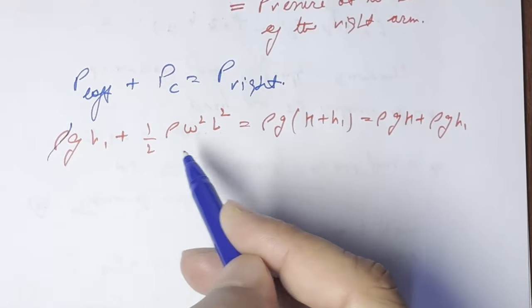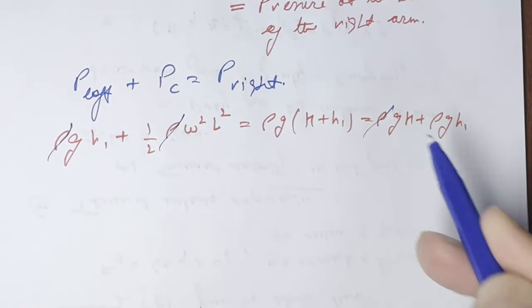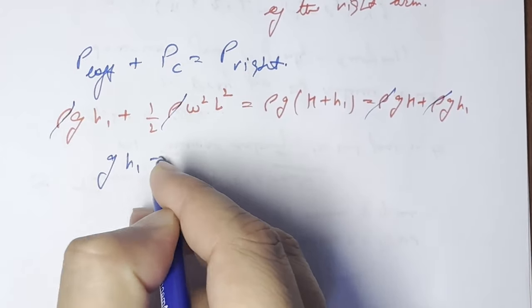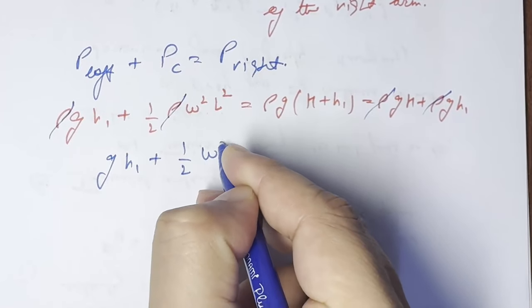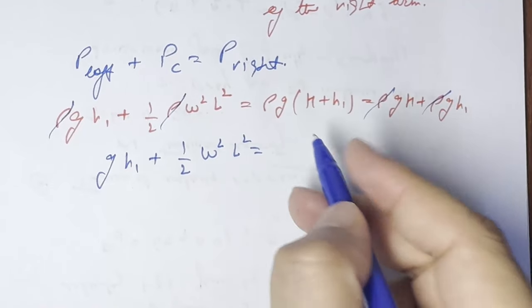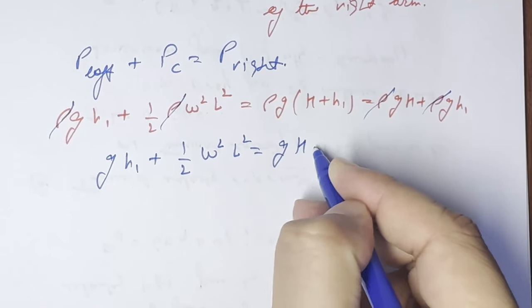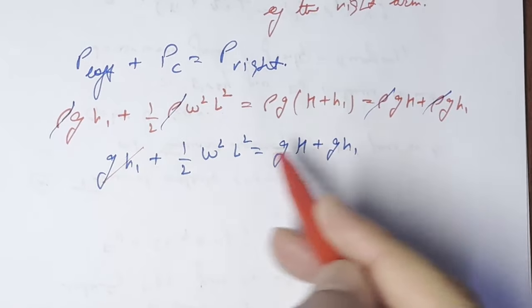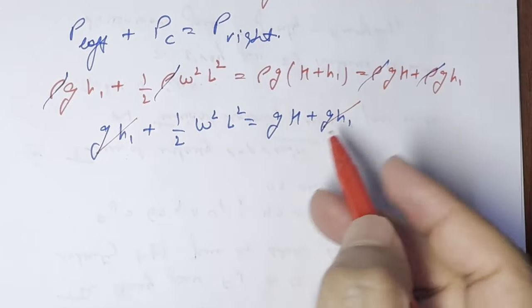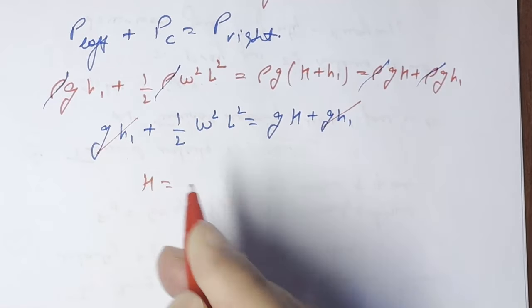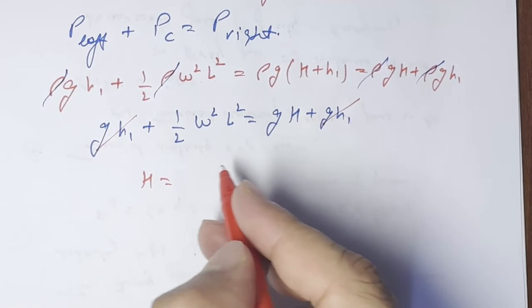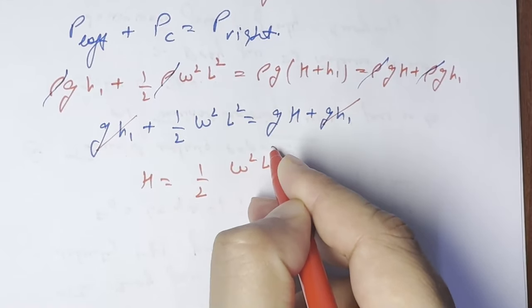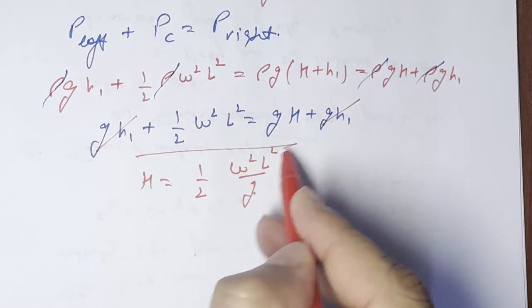So we can cancel the rho throughout the equation. So we are left with g h1 plus half omega square L square is equal to g H plus g h1. g h1 and g h1 also goes away, so we get the height H will be equal to 1 by 2 omega square L square divided by g.